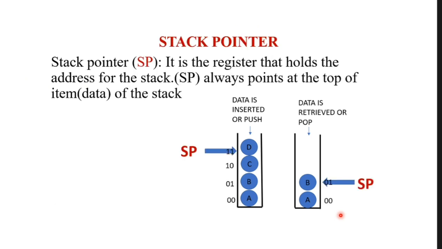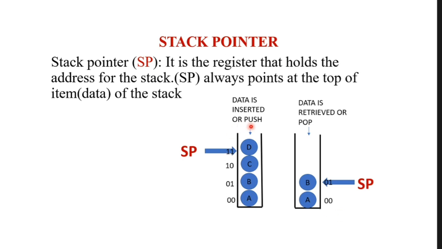Now, in this stack organization, we require a pointer which will point to the address of the stack. So a pointer called stack pointer is used, which stores the address of the top of the stack. Means the item which is on the top of the stack is pointed to by the stack pointer. Stack pointer is also called the address pointer.